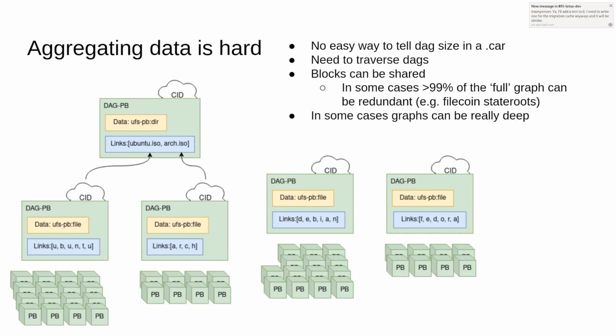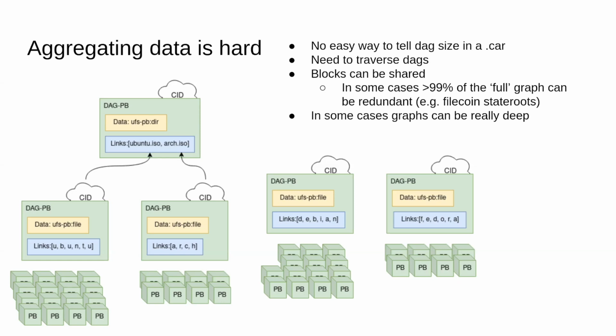Then there are some caveats. Multiple different DAGs that you are aggregating can share blocks, and that makes the sizing really annoying because you don't know beforehand what DAGs you're going to be aggregating.